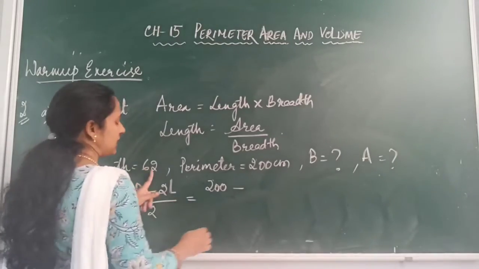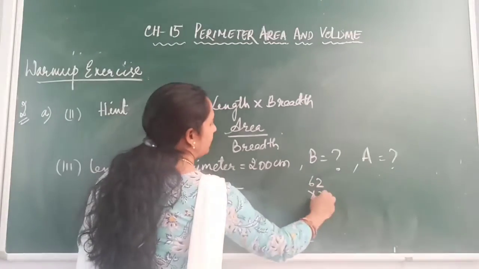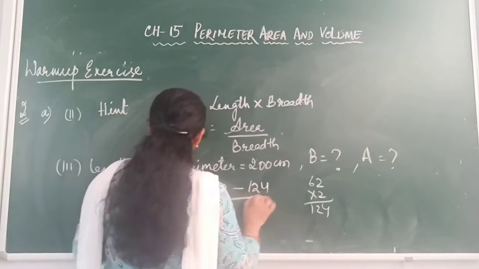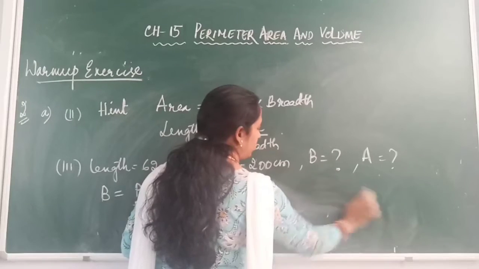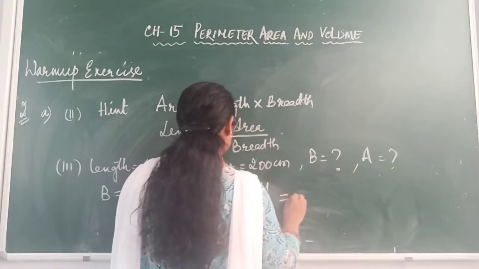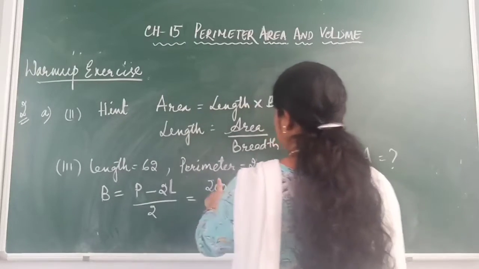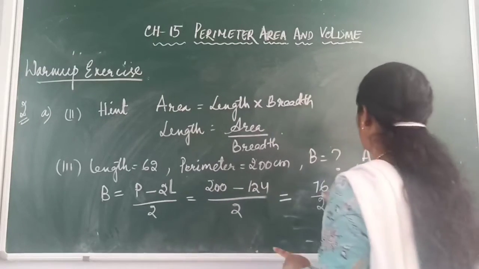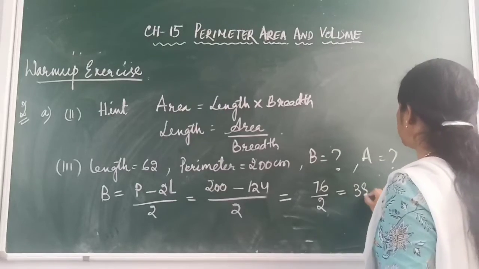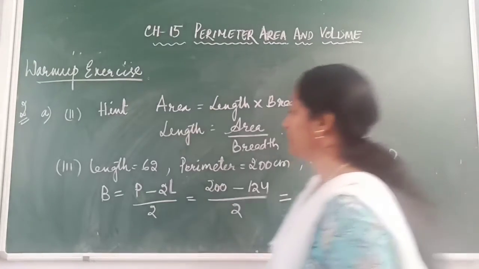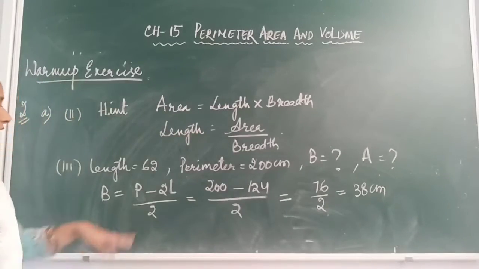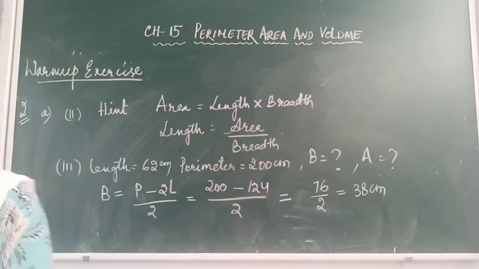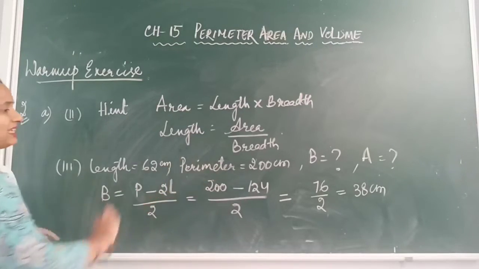Twice of length means 62 multiplied by 2, which is 124. 124 whole by 2. So just find out how much you get here. 200 minus 124: 10 minus 4 is 6, 9 minus 2 is 7. You get 76 by 2, that is 2 3s are 6, 2 8s are 16. So you get 38 centimeter, because the units given to you here are centimeter.